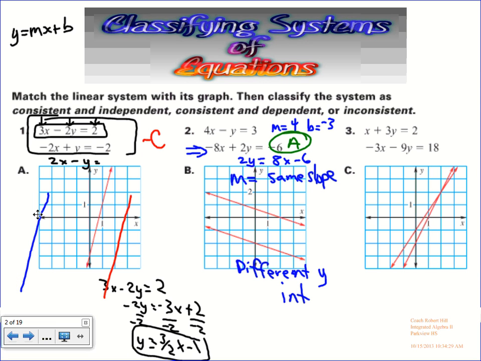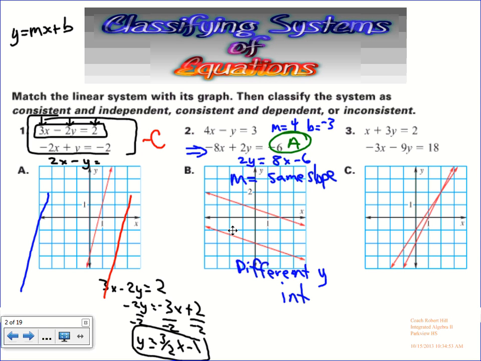And then by process of elimination, 3 must be C. Again, the reason these two lines do not intersect and are examples of an inconsistent system is this: take both of these equations and solve them both for y.